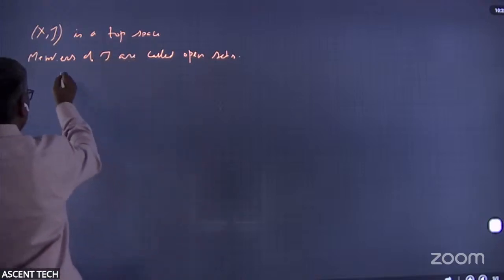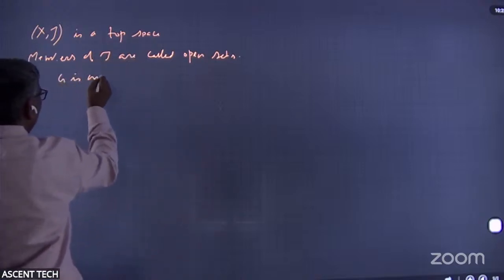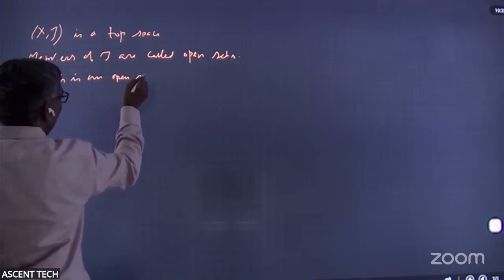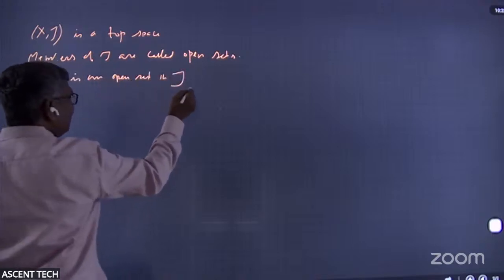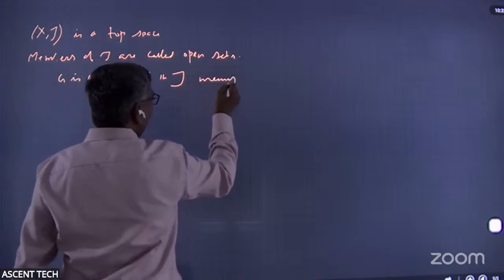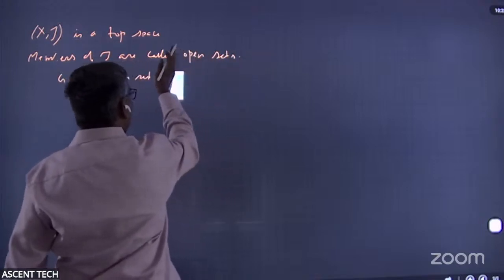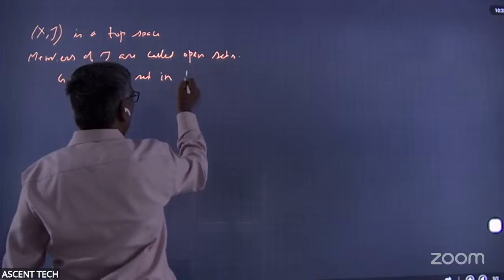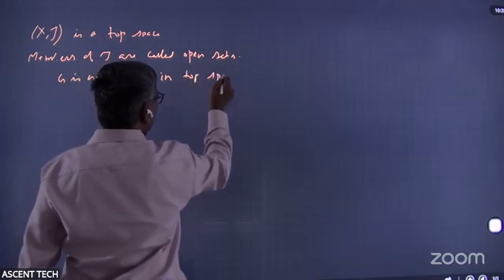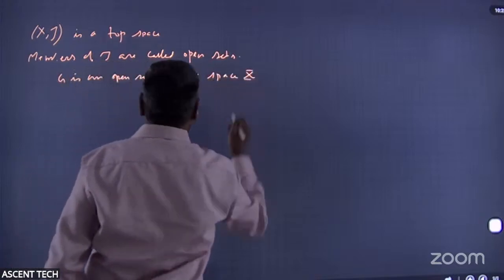So G is an open set in T means the open set in topological space X. I might be a little reckless like that.